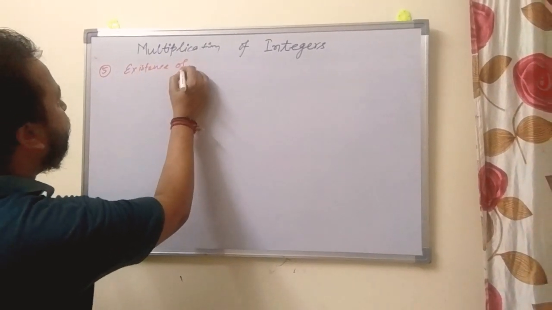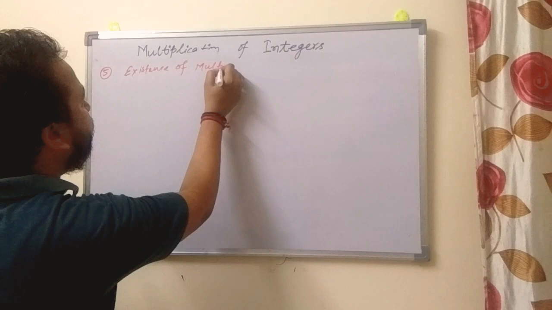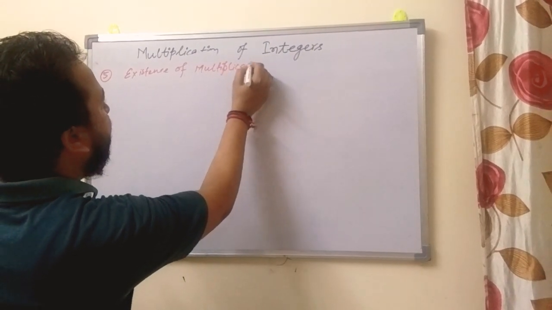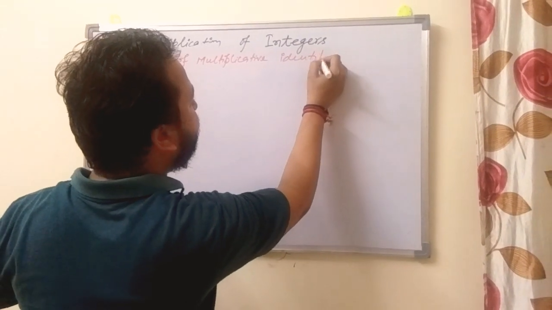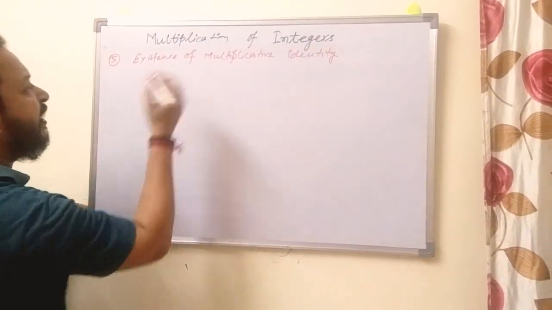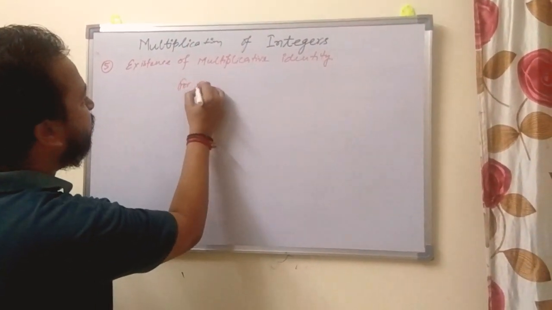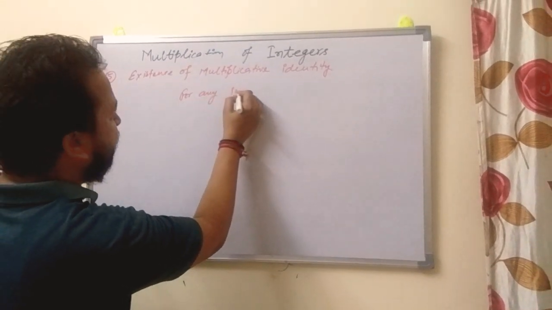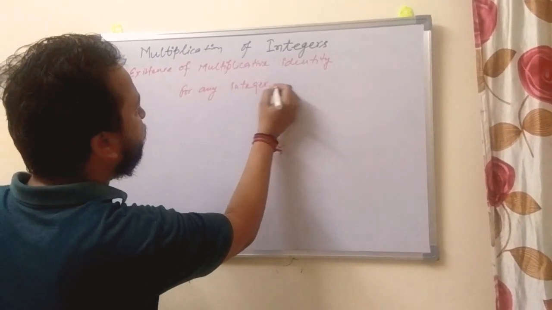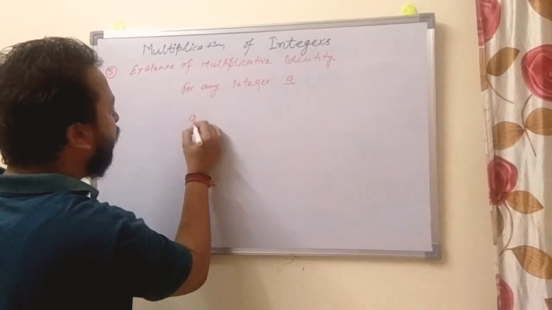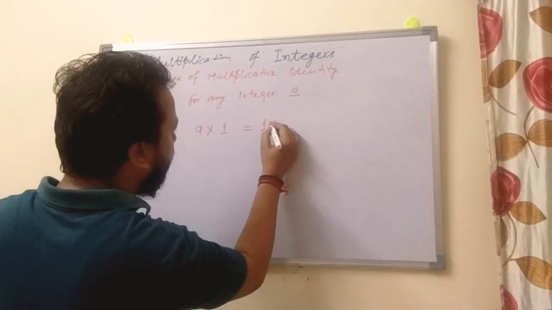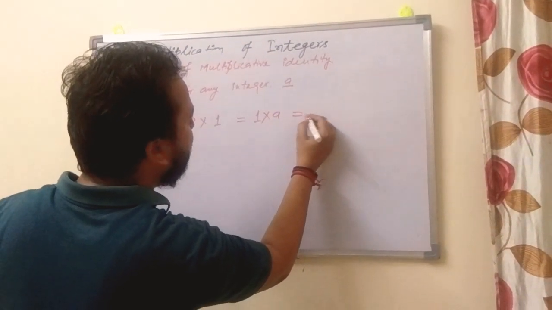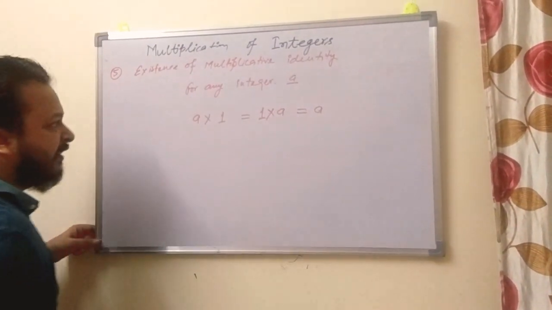Existence of multiplicative identity. It states that for any integer, suppose that is a, a multiplied by 1 or 1 multiplied by a, the answer is always the integer.